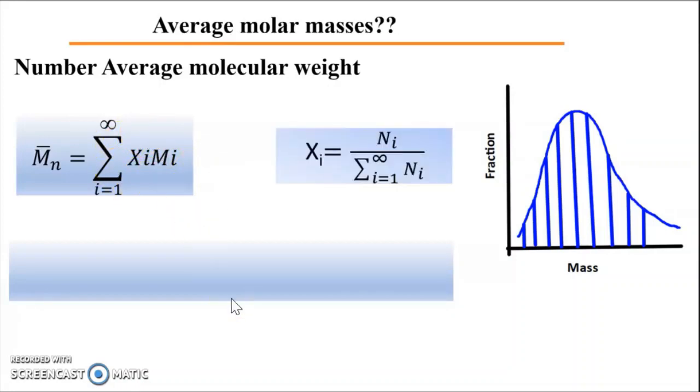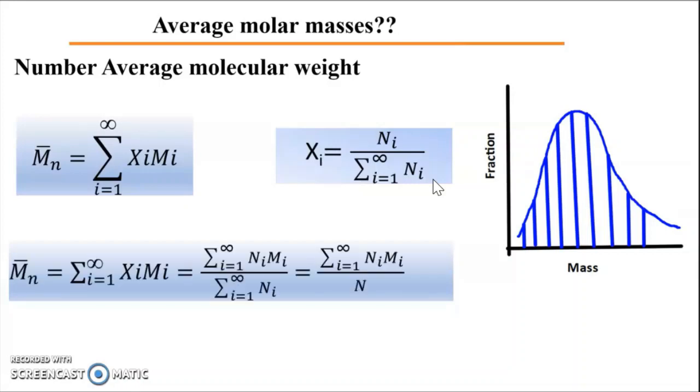As xi is equal to ni over the sum of ni, or over n, the number average molecular weight is equal to the summation of niMi divided by the summation of ni, so it's equal to the summation of niMi over the whole n.